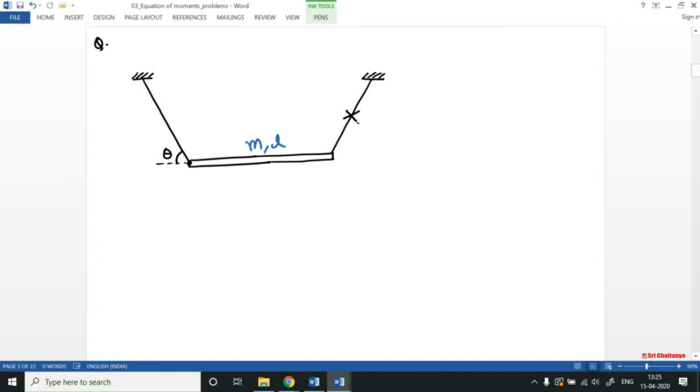When this string is cut, the rod will be free to move. At that instant, we wish to find out the angular acceleration of this rod as well as the tension in this string.